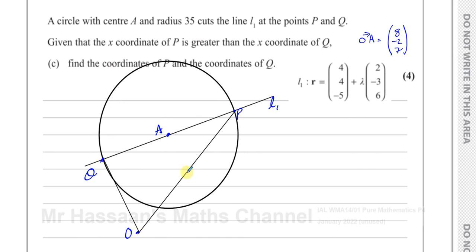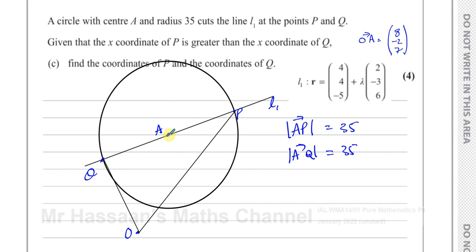Now I know that P is on the line L1 and Q is on the line L1. And I know that the length of the vector from A to P is equal to 35. And I know the length of the vector from A to Q is also equal to 35.